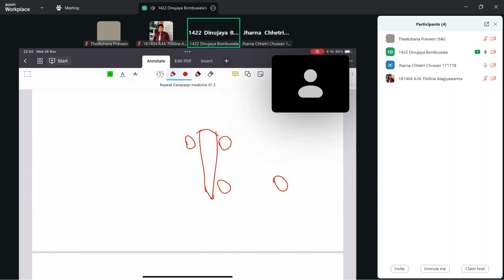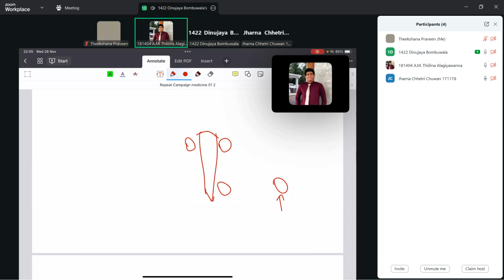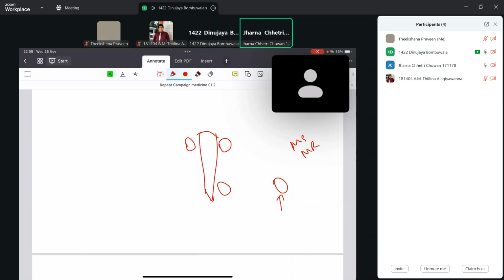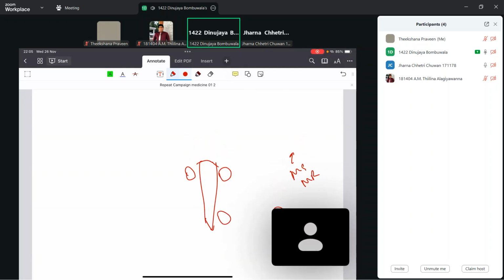So what are the murmurs you can have in this region? Apex: ESM, MR and MS. So in MS, what is the type of murmur you can hear? How are you going to describe MS?